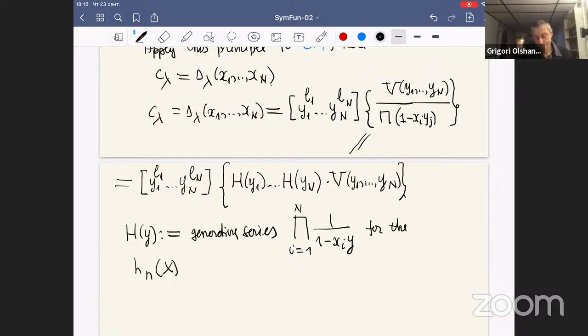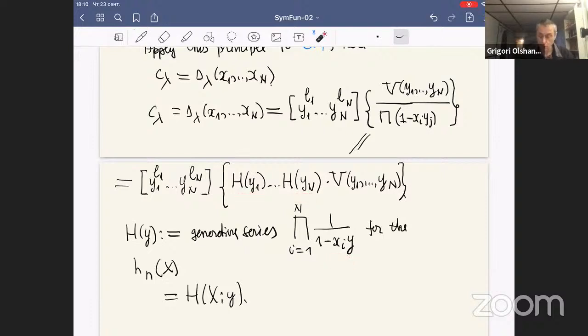One could write it in more detailed notation as follows. So the trick is to eliminate the x's. The x's are hidden in this notation.